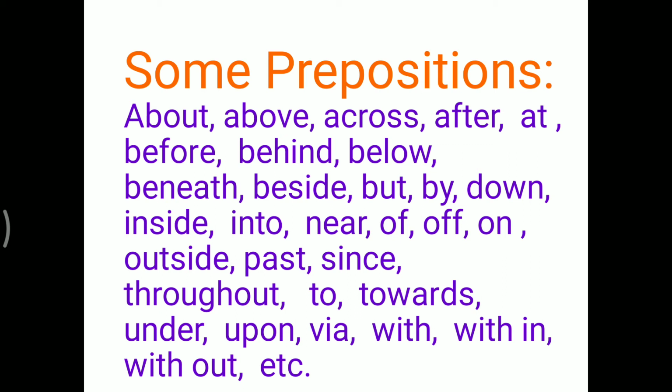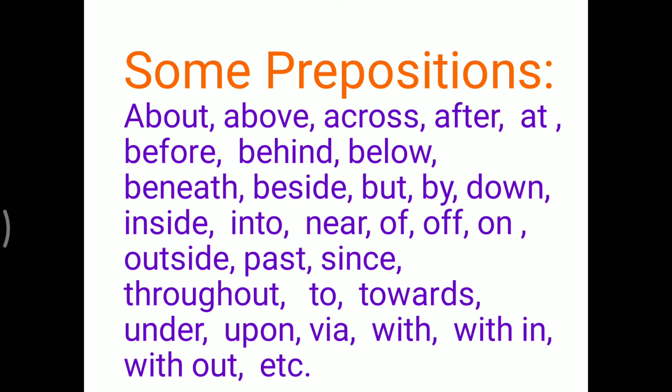Now we are going to discuss the prepositions. There are about 150 prepositions in English, but today we are not going to discuss all of them, only some of them.